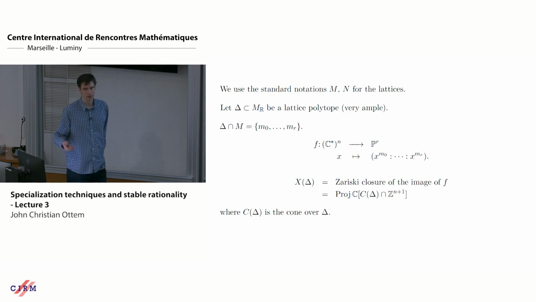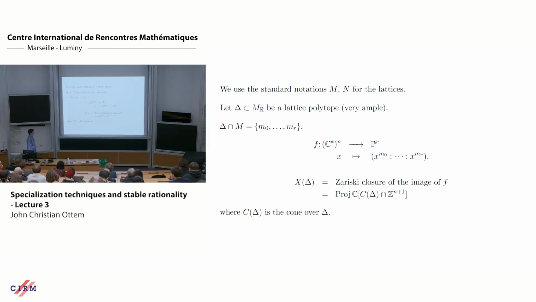So if you haven't seen toric varieties, this is the simplest way to think about it. Okay, so it's clear that you get a projective variety in this way, and it's a very convenient thing that you can generate varieties in this way from lattice polytopes.